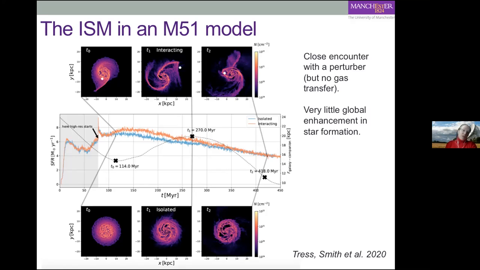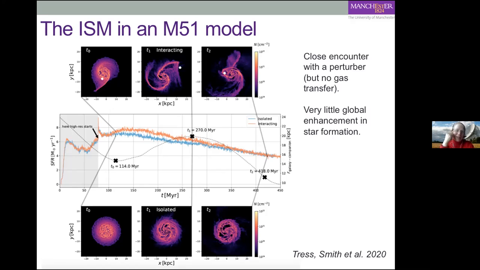he's built a model of M51, and you can see it's very beautiful, very pretty. One of the questions he was interested in is that we know that M51 has that strong spiral pattern because there's been a close encounter with another satellite galaxy, and that's what's driven these large spiral arms.